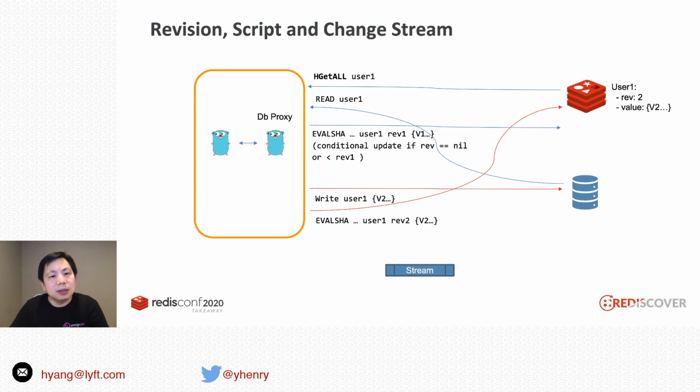How do we deal with the inconsistency of the write path if the first Lua script update fails? Well, again, if we take a step out of Redis for a moment, many modern databases have change streams functionality.